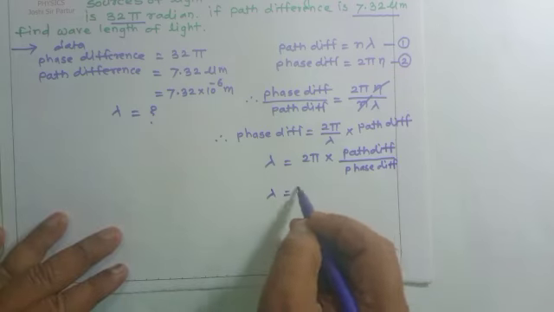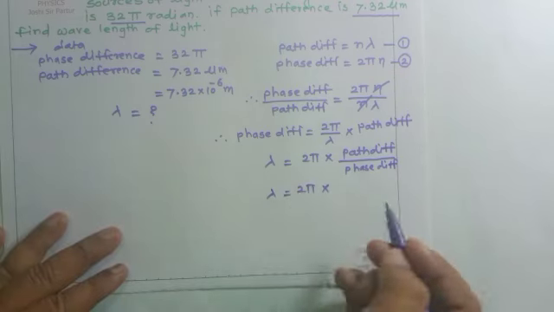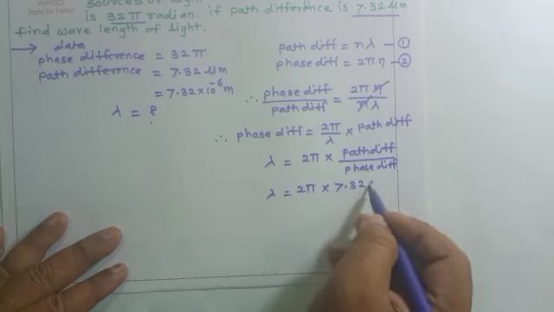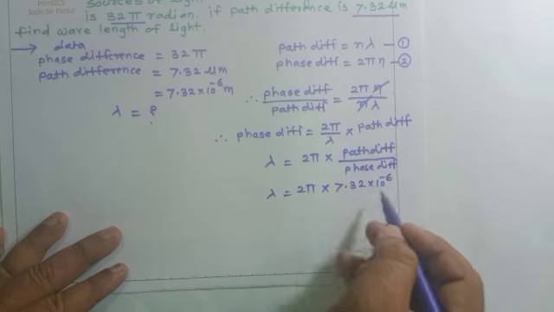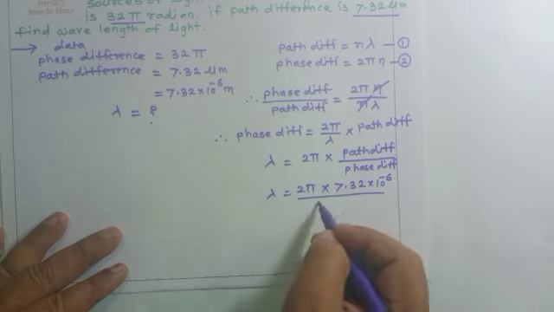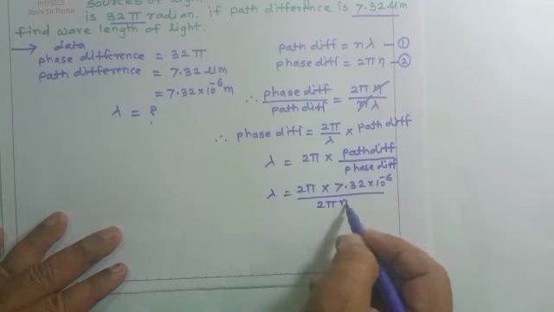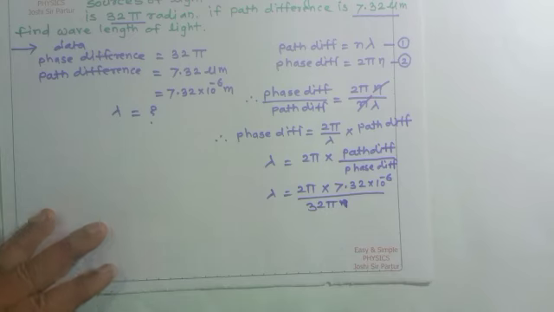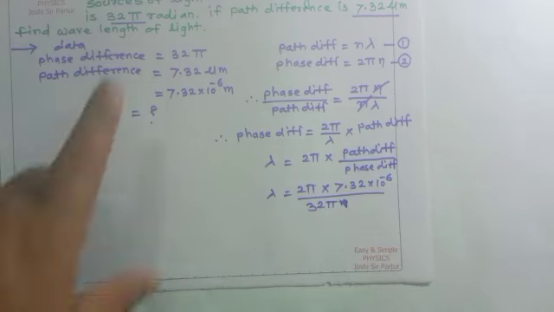Substituting the values of path difference and phase difference, lambda is equal to 2 pi multiplied by 7.32 into 10 raised to minus 6 divided by the phase difference, which is given as 32 pi.